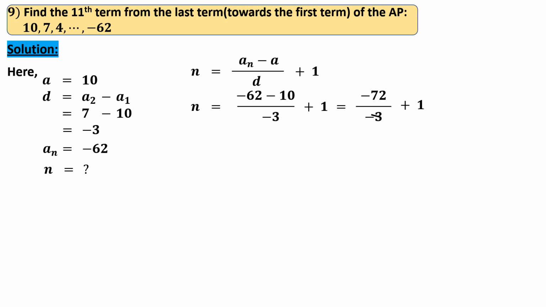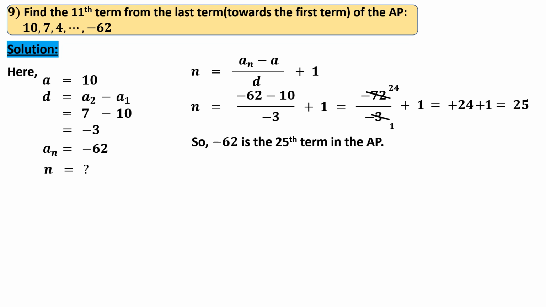Minus 72 divided by minus 3, plus 1. 3 ones are 3, 3 24s are 72. Minus divided by minus is plus, 24 plus 1, which is equal to 25. So minus 62 is the 25th term in the AP.